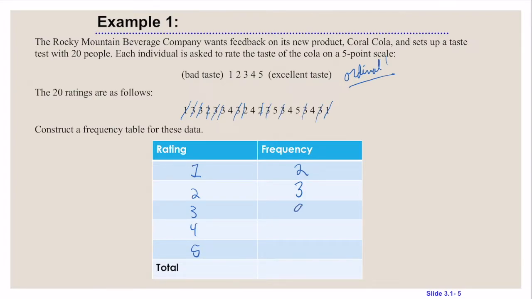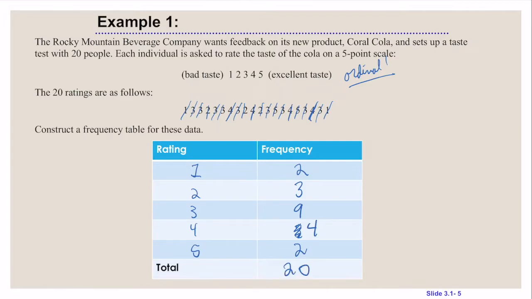That's a lot. 4 occurred 3 times, and 5 occurred twice. Sorry, 4 occurred 4 times. That's a 4. This is a 2.